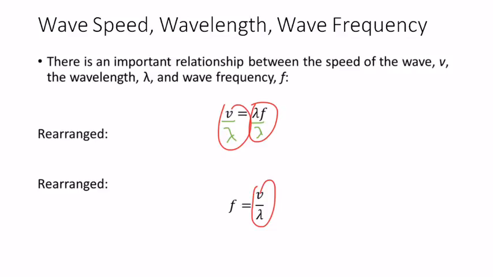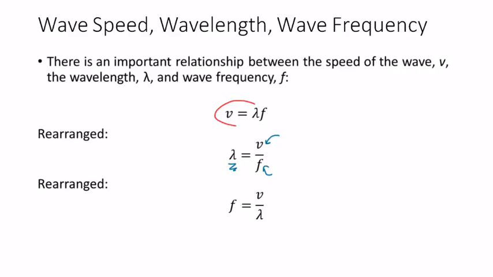One last, same relationship, just getting wavelength by itself. We could divide both sides by frequency, and we get the wavelength by itself is equal to the velocity of the wave divided by its frequency. Now, if you don't want to know all three of those, if you just remember this one, then that will get you down the road to all three relationships.